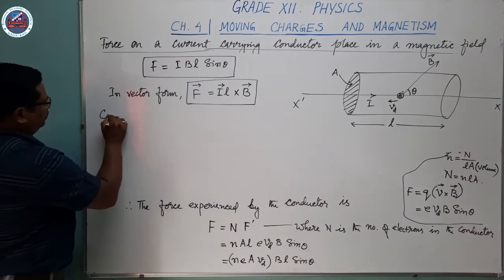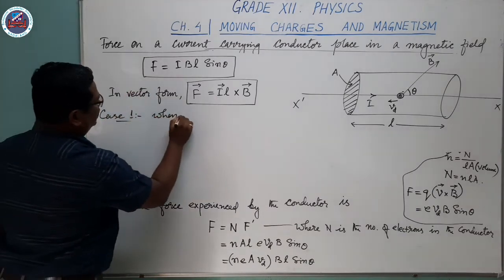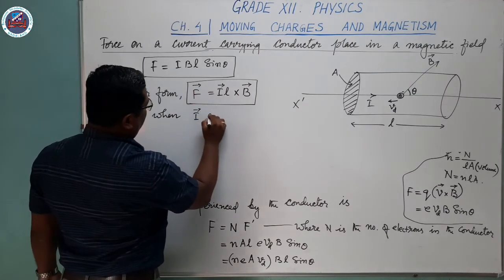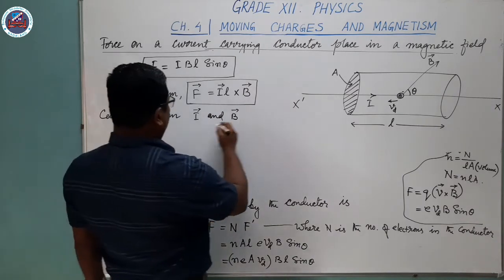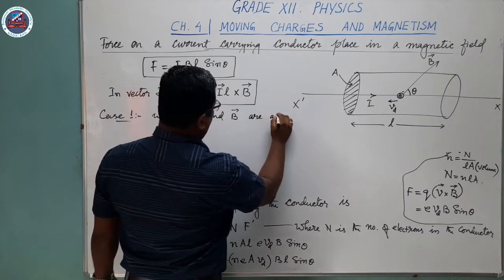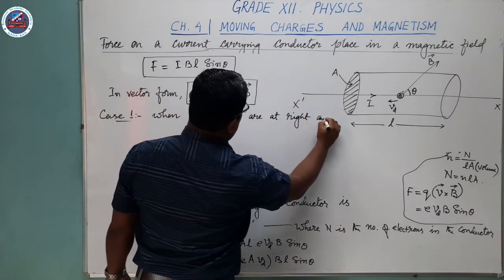Case 1: when current and the magnetic field are making an angle, right angles, they are at right angles.